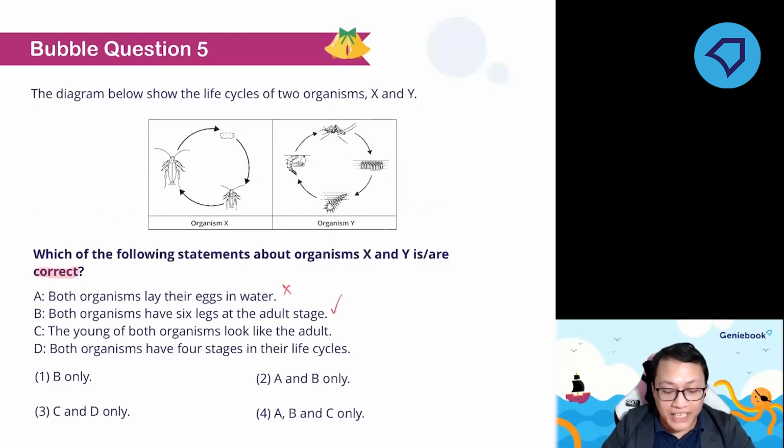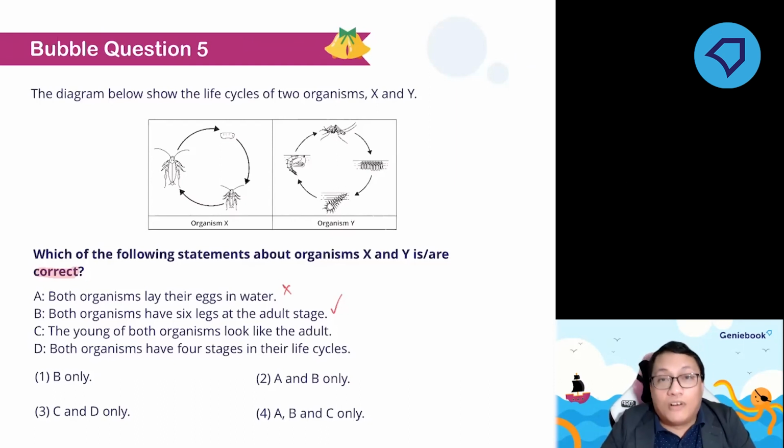The young of both organisms look like the adult. Is this statement correct or false? Very good. Yeah, so the larva of mosquito does not look like the adult. How about the nymph of cockroach?